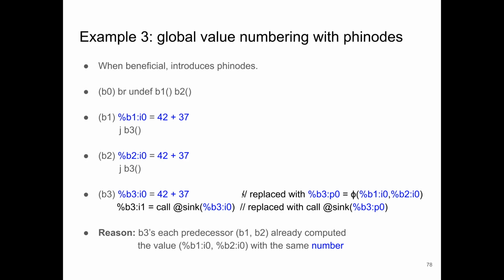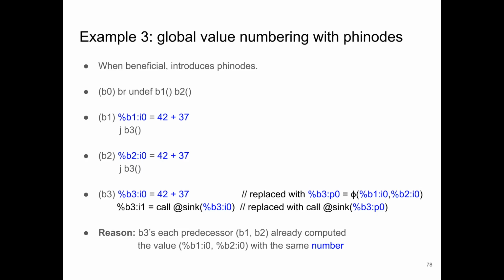After that, all the uses of B3's I0 are replaced with B3's P0, which is the new phinode that is inserted in place of this redundant computation. So in GVN we want to perform such an optimization as well. When it is beneficial, we are going to actively introduce a phinode to reduce further computations like this.